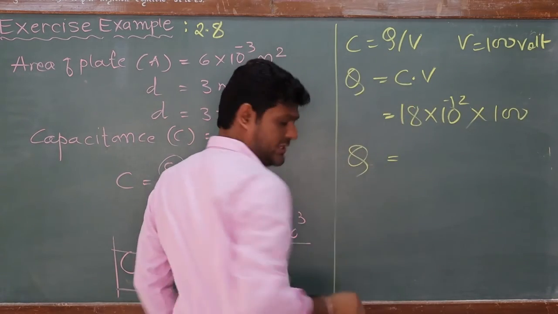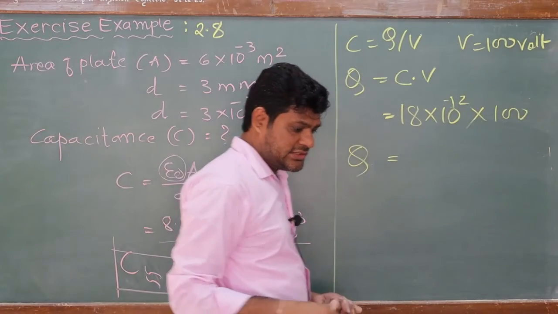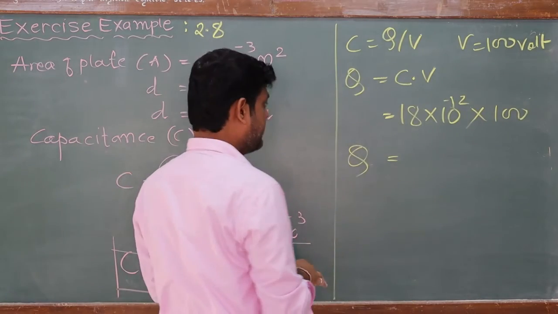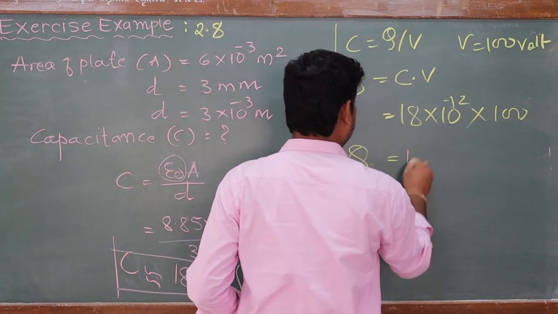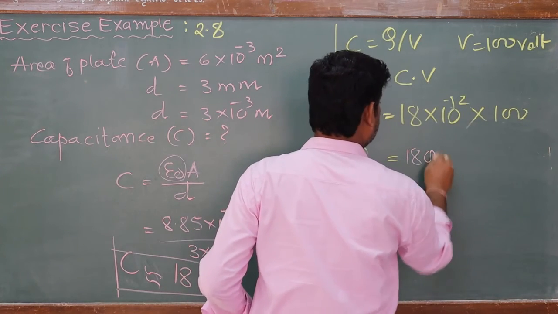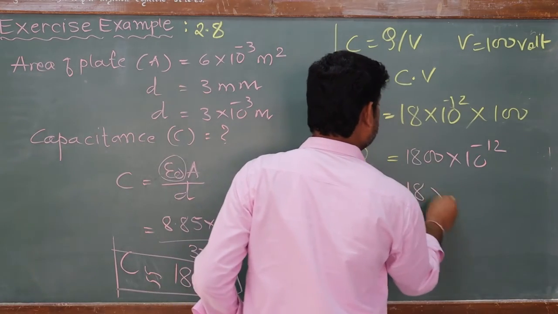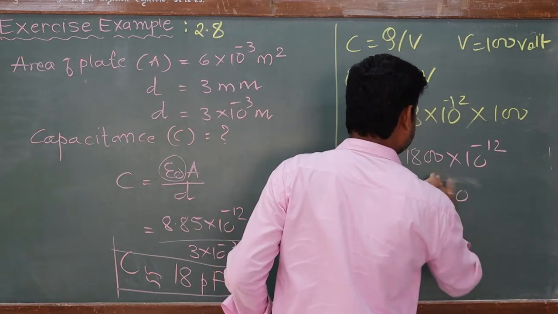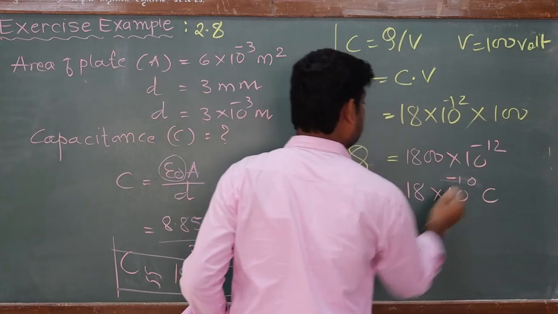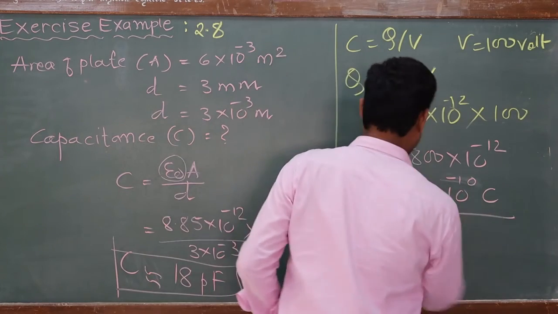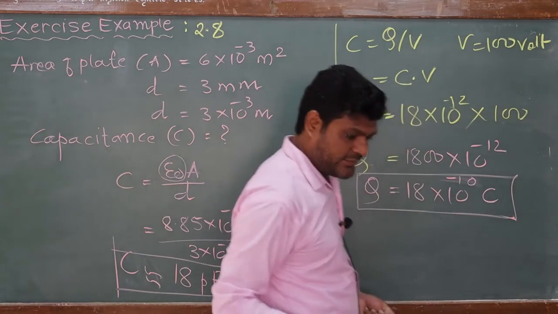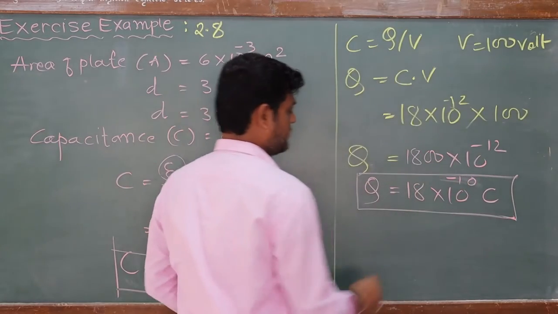So the charge on the capacitor is near about 18 into 10 to the power minus 10 coulomb.